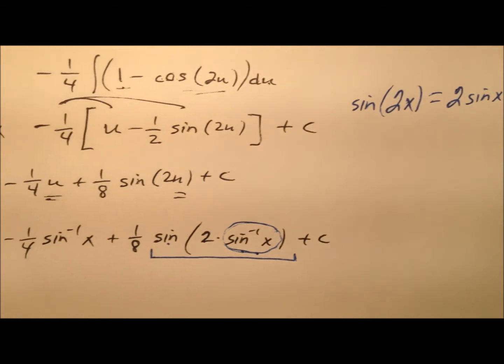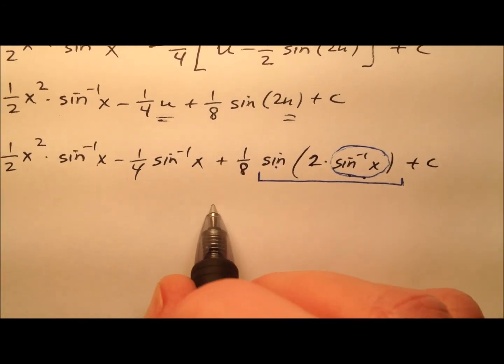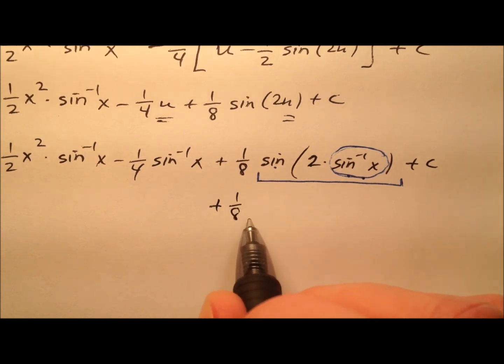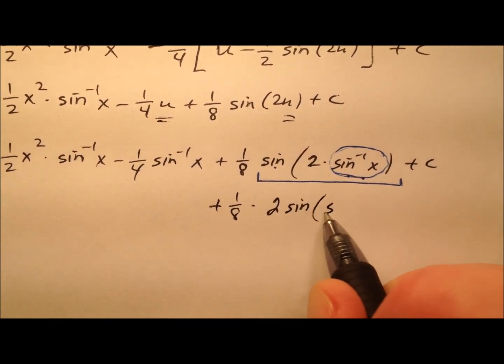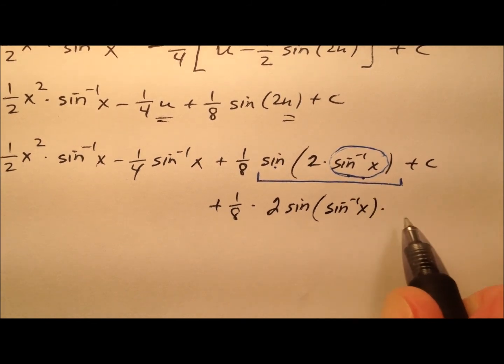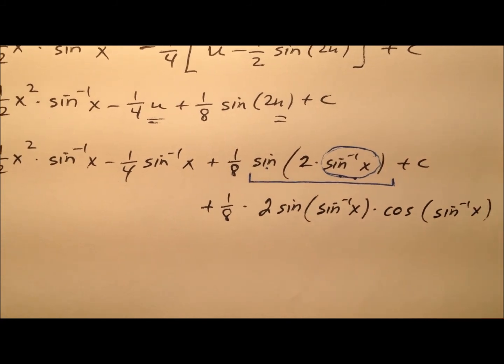Okay? So let's go ahead and employ that and see what we have. So we'll have plus 1/8. So it'll be 2 sine of our angle times cosine of our angle.